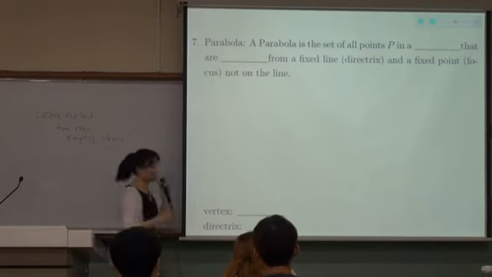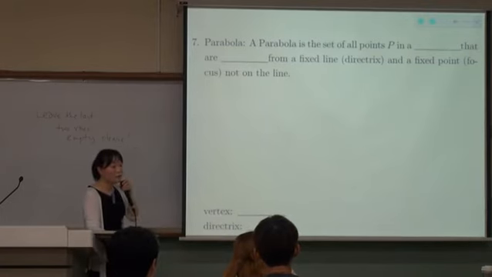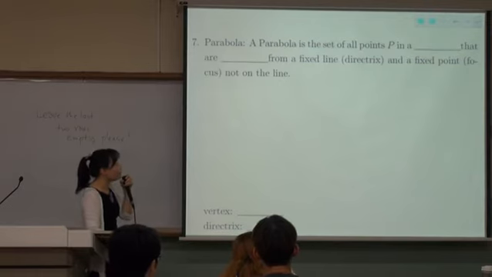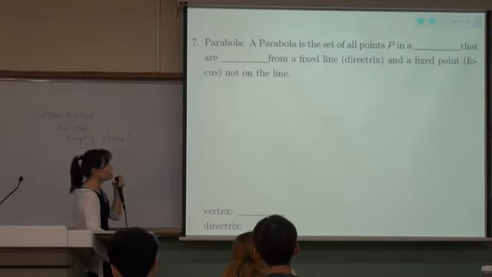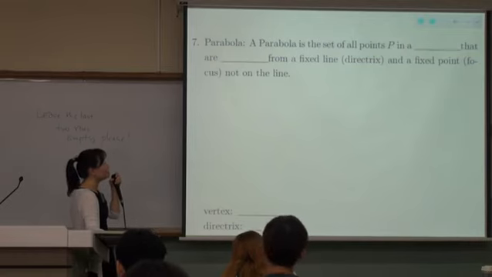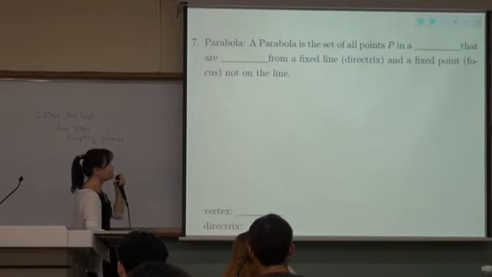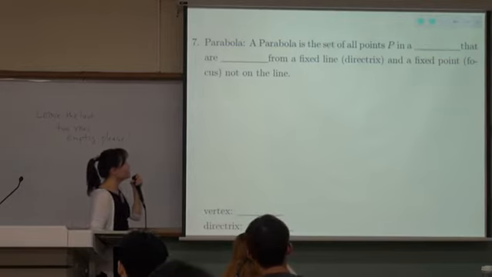Let's read. A parabola is the set of all points P in a plane that are equidistant from a fixed line, the directrix, and a fixed point, the focus, not on the line.